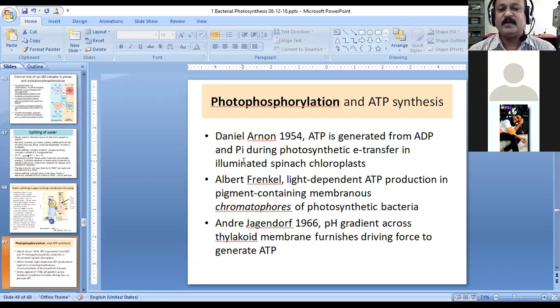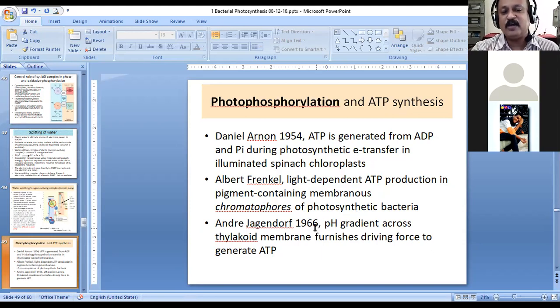And then Albert Frenkel showed light dependent ATP production in the pigment containing chromatophores of photosynthetic bacteria. So photosynthetic bacteria contain certain membranous structures which are called chromatophores, and in these chromatophores ATP synthesis is taking place, and that is dependent upon the light, or related to photosynthesis.